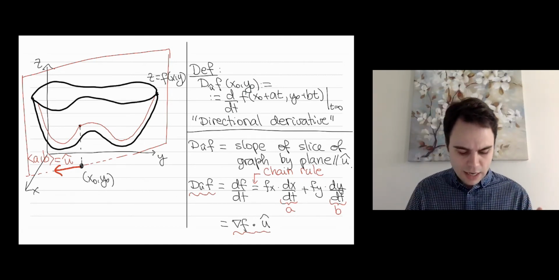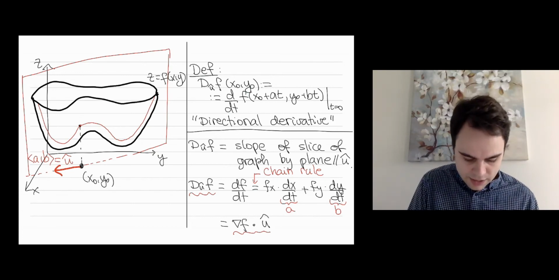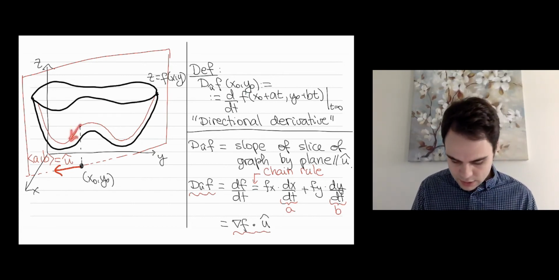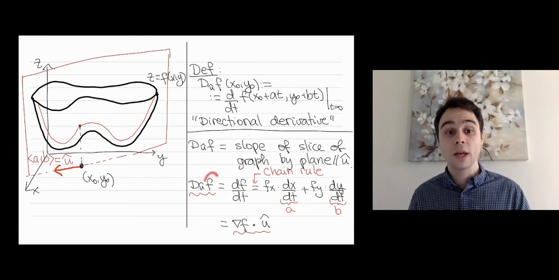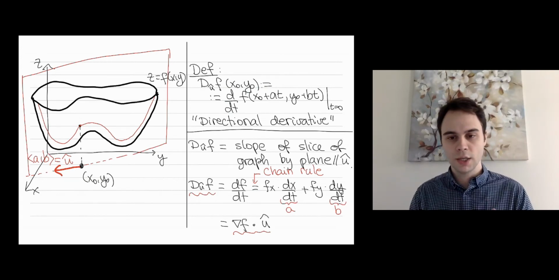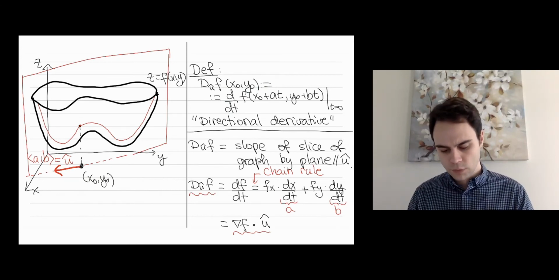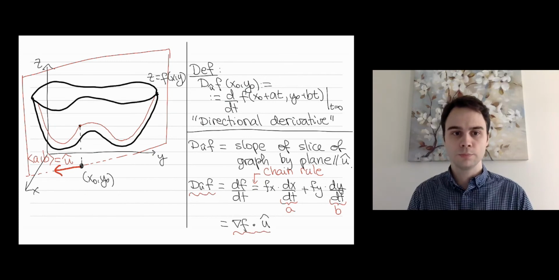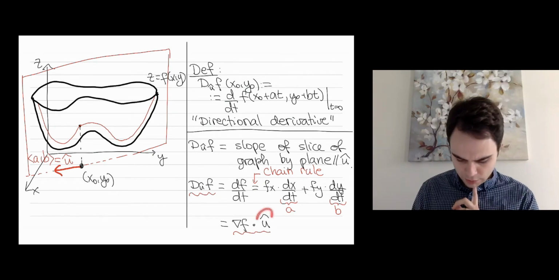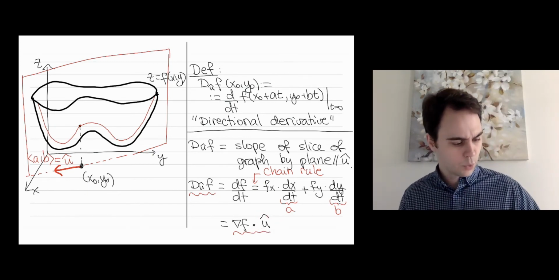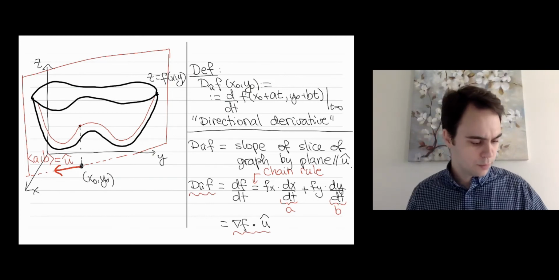But the point is, it's telling us how fast f changes when the input is changing with velocity u, in the direction of this vector u, with speed 1.